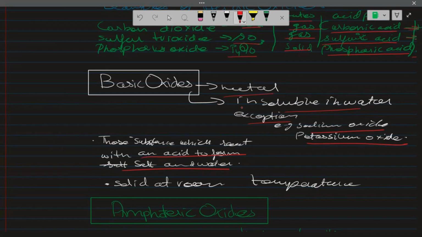Basic oxides are solid at room temperature. They react with acid to form salt and water. What is an example of this?